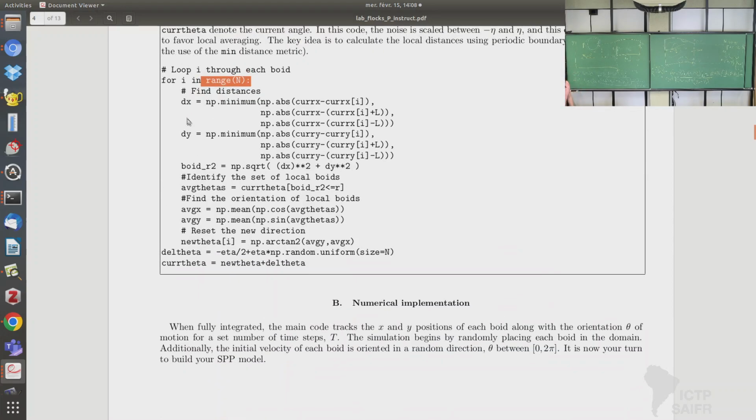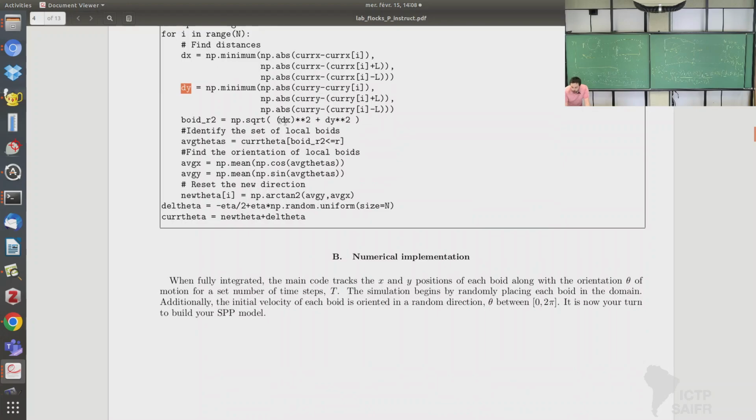And then you calculate the delta x and delta y, the final ones, to calculate the neighborhood, as the minimum between delta x in absolute value, the absolute value of L plus delta x, and the absolute value of L minus delta x. I actually think that this is even less code, but okay, it doesn't matter. You get the idea here.